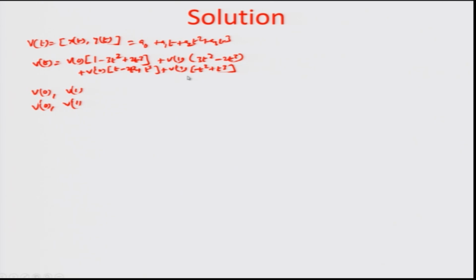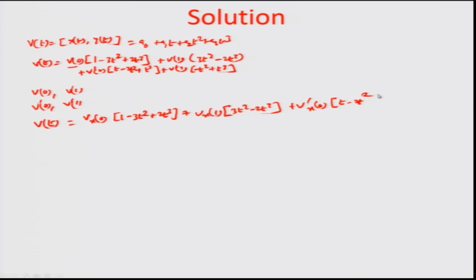And V(t) could be represented in terms of the x coordinate at v(0), that is I will call this vx0, times (1 minus 3t square plus 2t cube), plus vx1, that means at the other end extremity what is the x coordinate, times (3t square minus 2t cube), plus again v'x0, that means the x slope at the initial boundary, that is corresponding to t equal to 0, plus the x slope at 1, that means the other boundary, that is the end boundary of the particular curve.